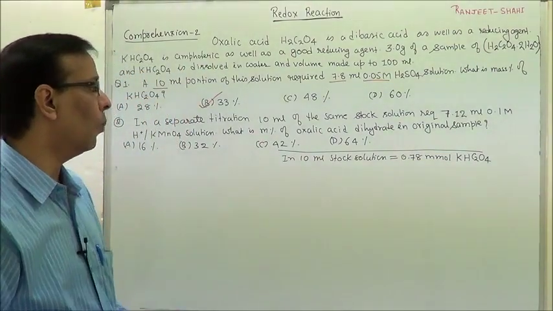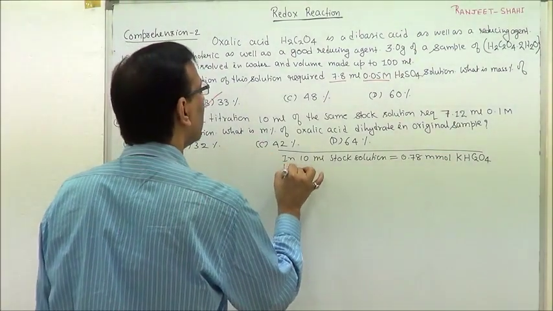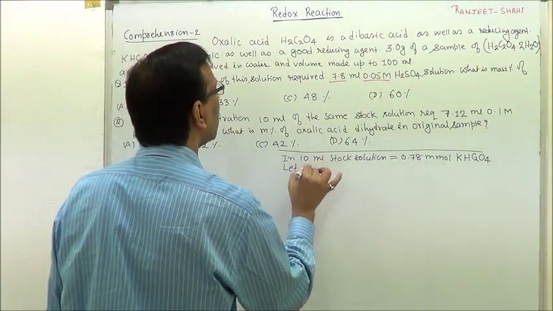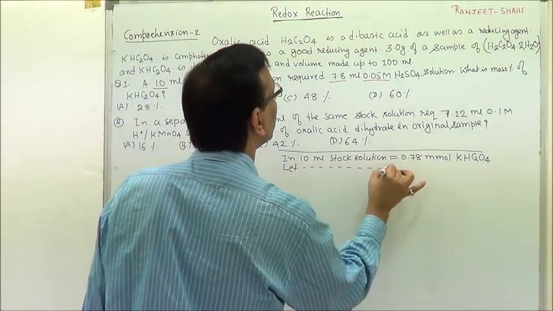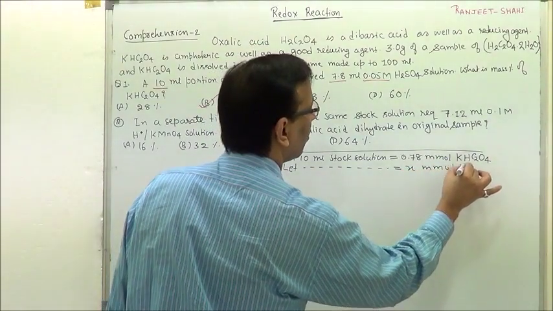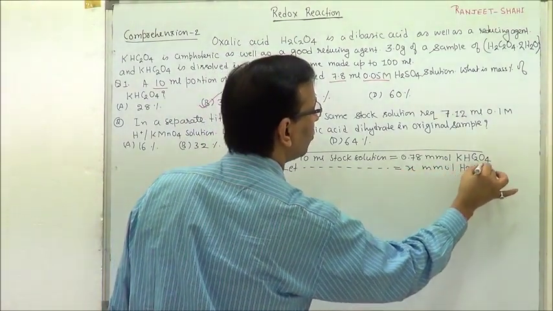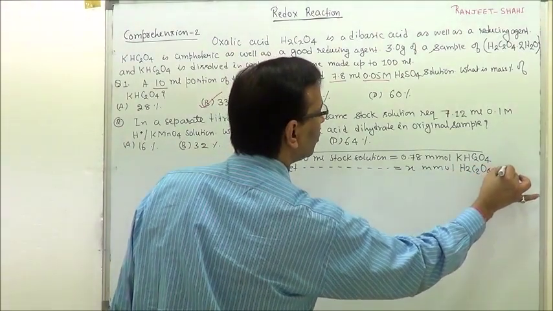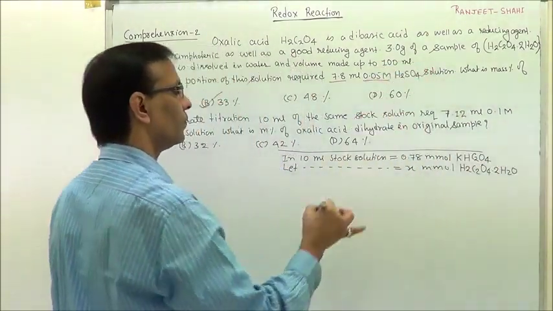Now if we assume, let 10 ml stock solution contain X millimole H2C2O4.2H2O.